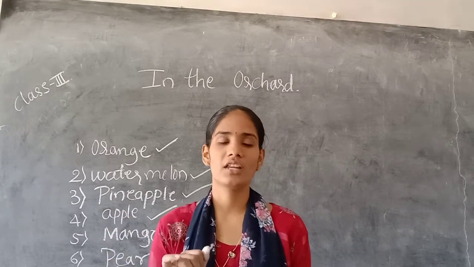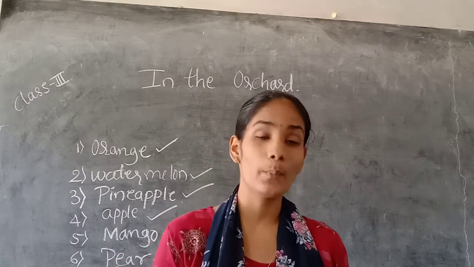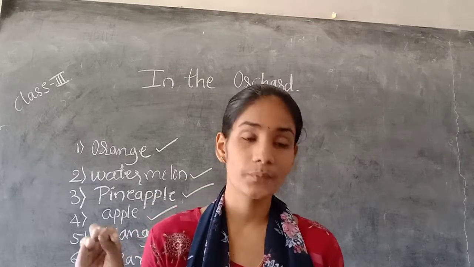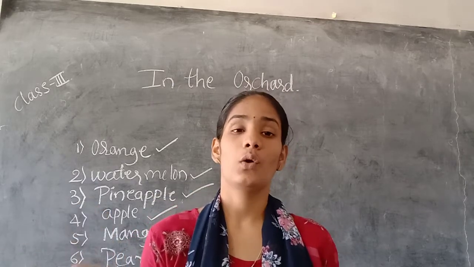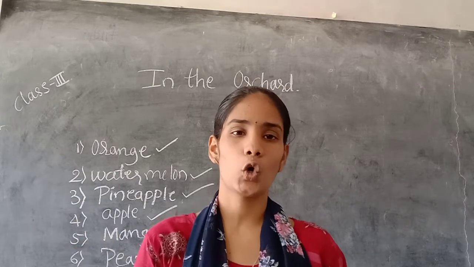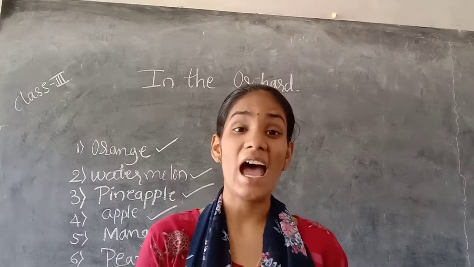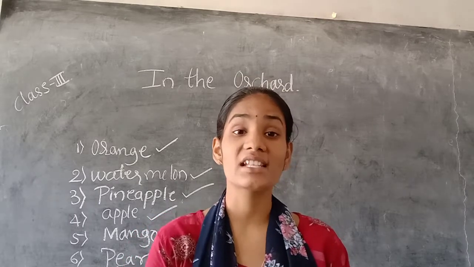So what do farmers do? Farmers grow plants and trees of fruits. The land where farmers grow plants and trees of fruits is known as an orchard.